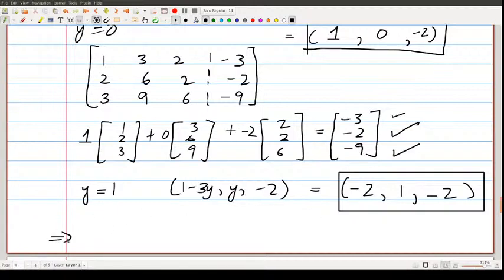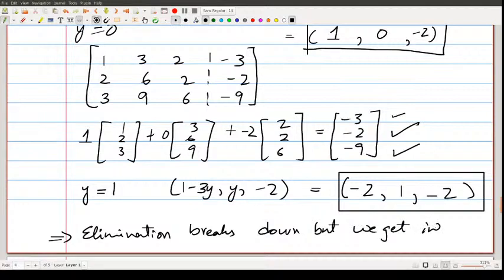So in this case elimination breaks down, but we get infinitely many solutions, right? Okay, is that clear?